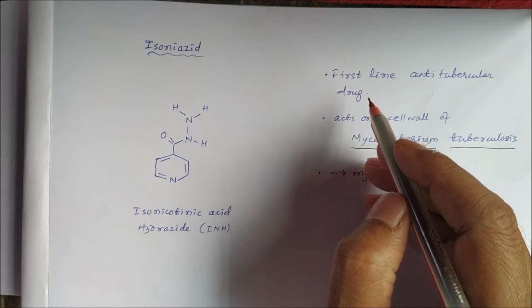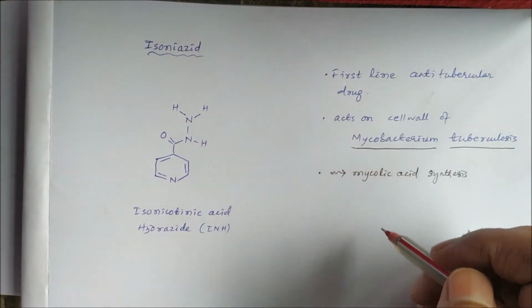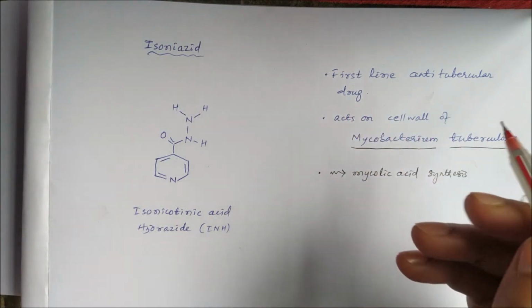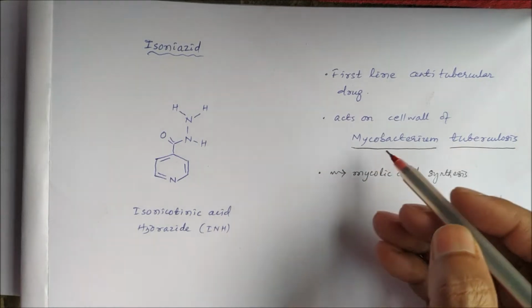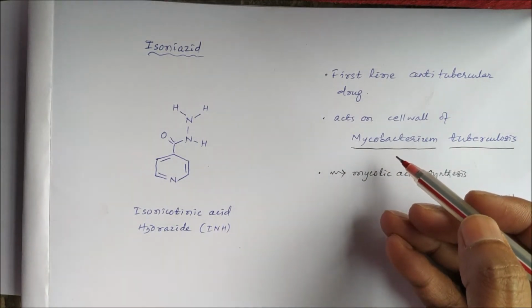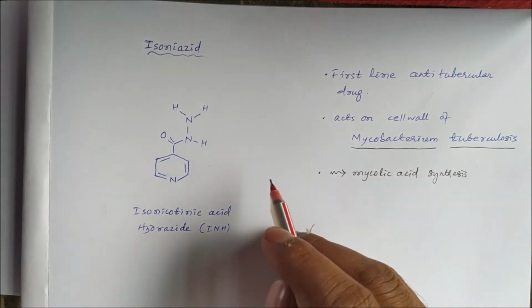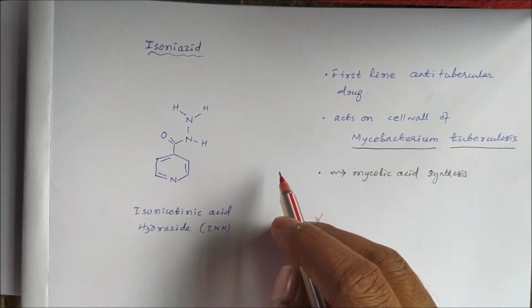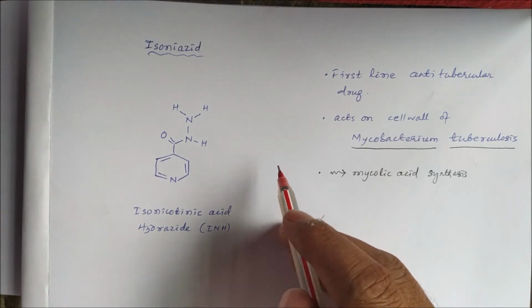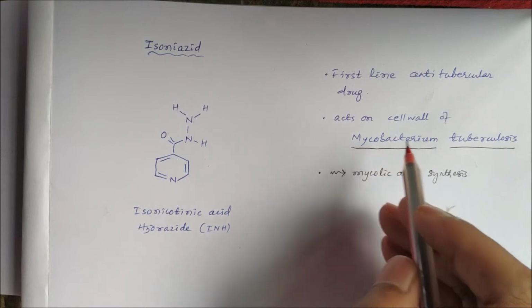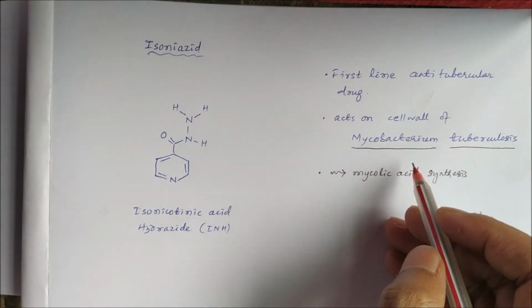Isoniazid is a first-line anti-tubercular drug. It is used in tuberculosis, and today we will discuss the mechanism of action of isoniazid, which is that it acts on the cell wall of Mycobacterium tuberculosis.